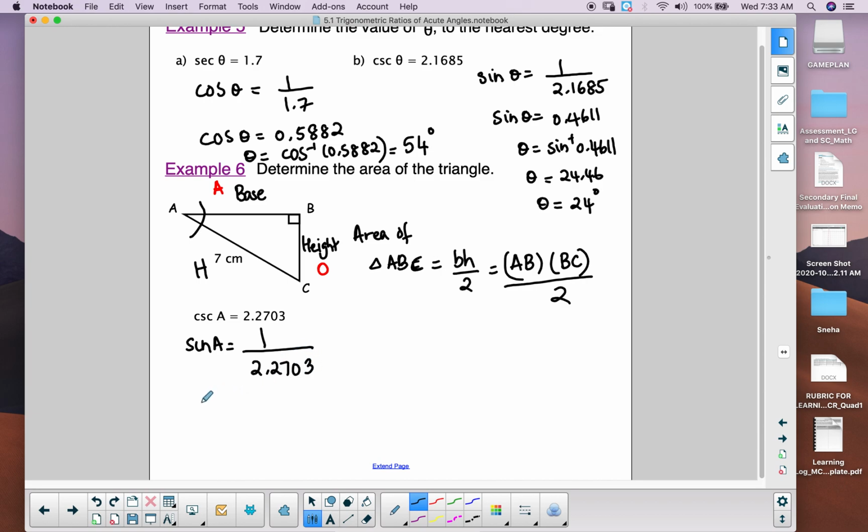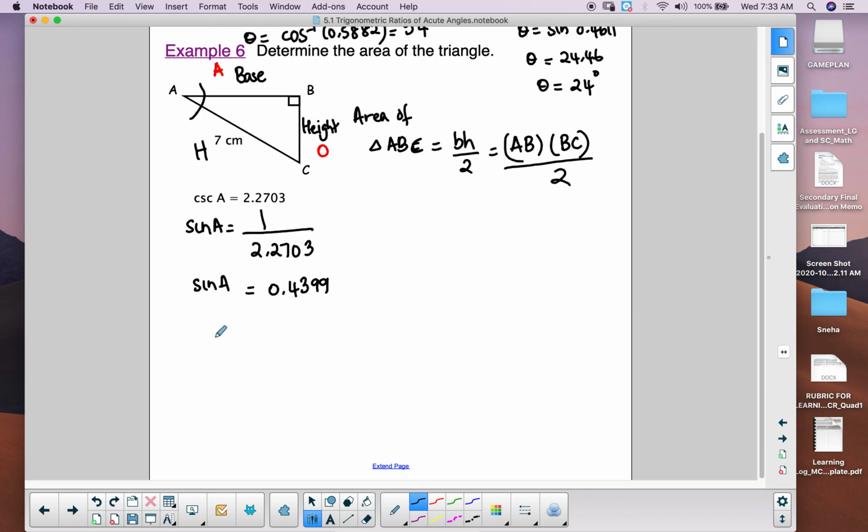So sine of A is equal to 0.4399, and that means that angle A is sine inverse of 0.4399, and angle A equals, to the nearest degree, 26 degrees. Okay, so I found that out. This is 26 degrees.